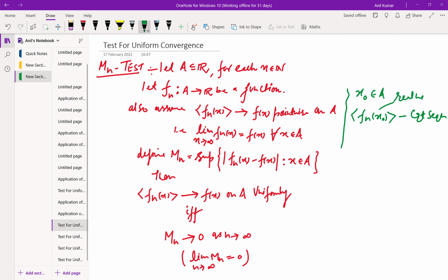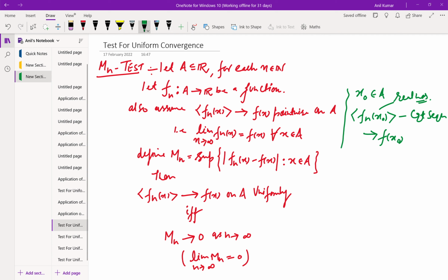After substituting x to be x naught, you will get a sequence of real numbers, and this sequence is convergent for every x naught in A, and it converges to the value of f evaluated at the point x naught. This is the meaning of point-wise convergence. For every point in A, we are getting a convergent sequence.